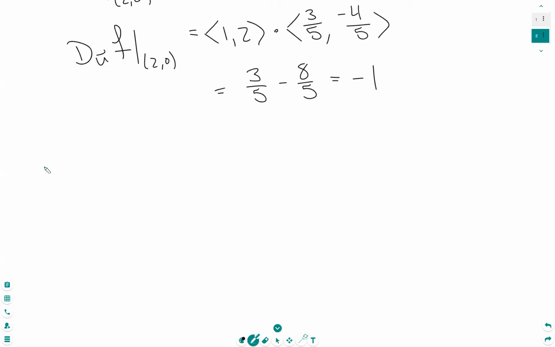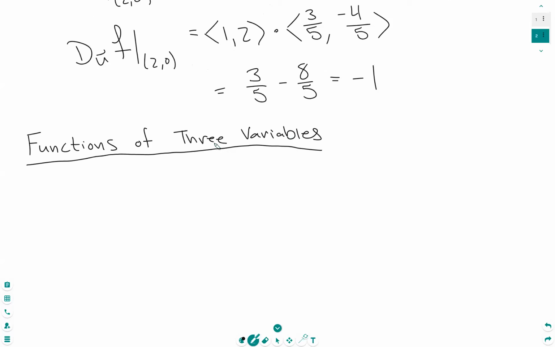Okay, so let's talk about functions of 3 variables. And of course, this can extend to more than 3 variables, but we'll just talk about 3 here. So the directional derivative can be redefined as the directional derivative in the u direction acting on some function. Instead of writing x, y, or z, I'm going to write it as this vector x naught that denotes the position that we're in. So you can write this now in arbitrary dimension, if we just generalize this.